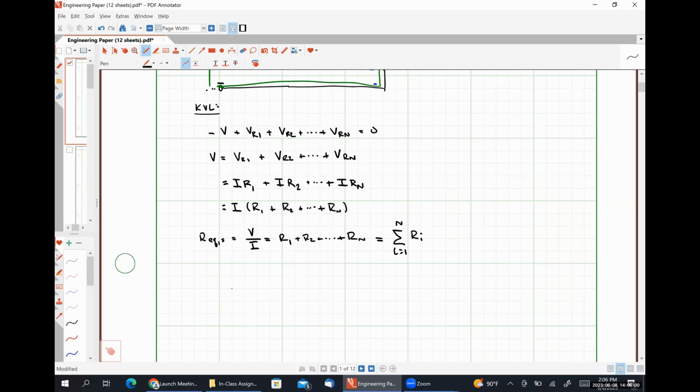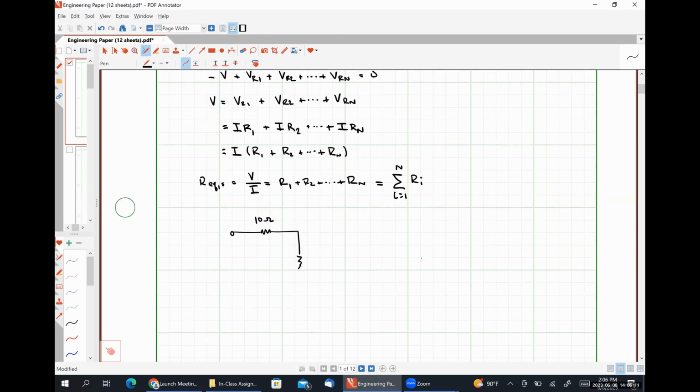So if we had the following network that contained a 10 ohm resistor in series with a 6 ohm resistor, in series with an 8 ohm resistor, and we were trying to find the equivalent resistance looking into those terminals, we would find that REQ is just 10 ohms plus 6 ohms plus 8 ohms, which is 24 ohms.